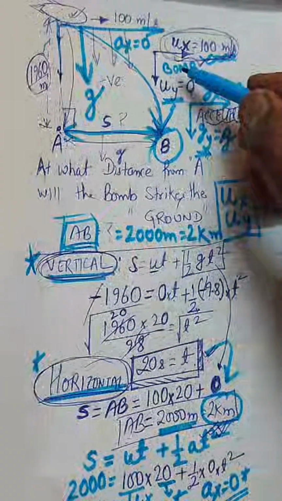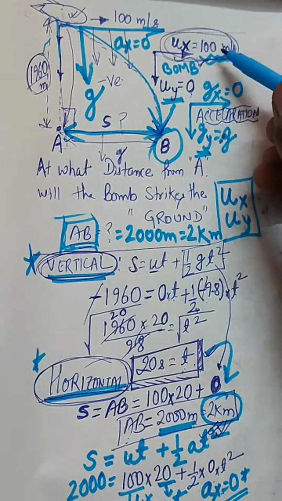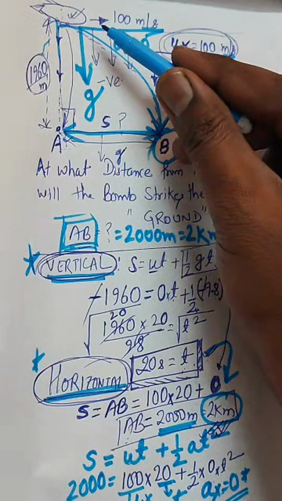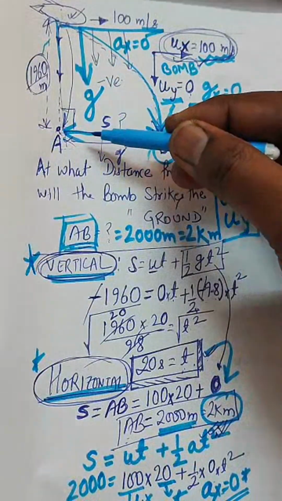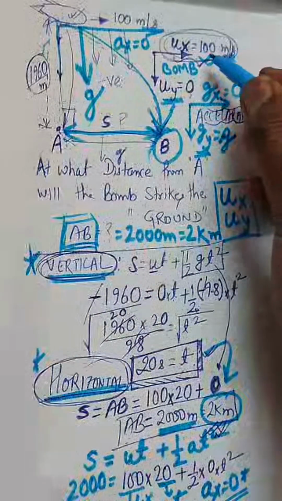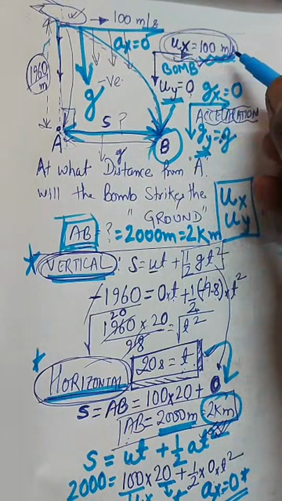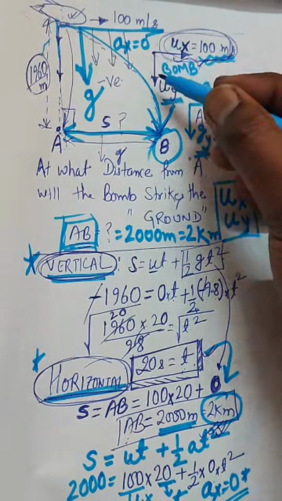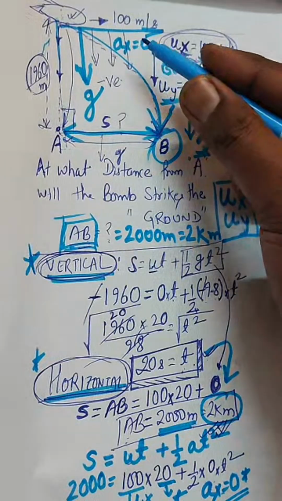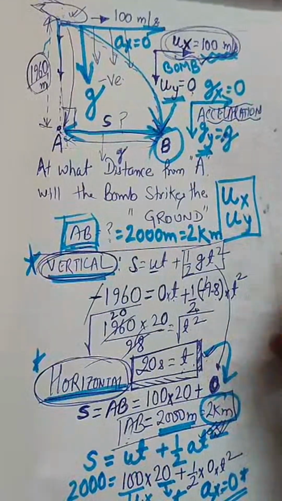This is the bomb. The bomb will have attained the velocity of the aeroplane in the horizontal direction, because the aeroplane is going horizontally, not vertically. It is not going to crash, right? So it is only giving the initial horizontal component to the bomb, and no vertical component to the bomb, because it is just released. Released means uy is 0.